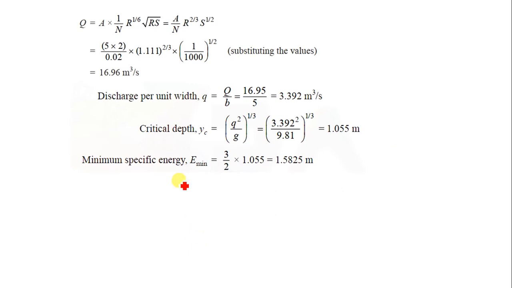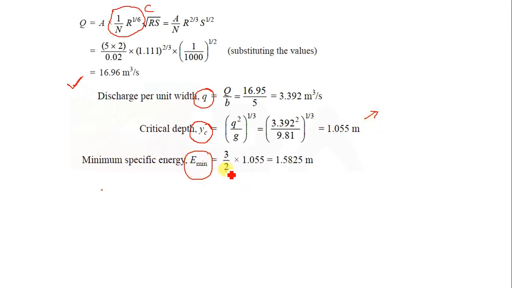So now when I calculate the discharge, from Chezy equation, this term is nothing but C. This is the discharge. From the discharge, I'm going to calculate small q, and from small q, I'm going to find out YC. So I found out what is YC. Now E minimum.